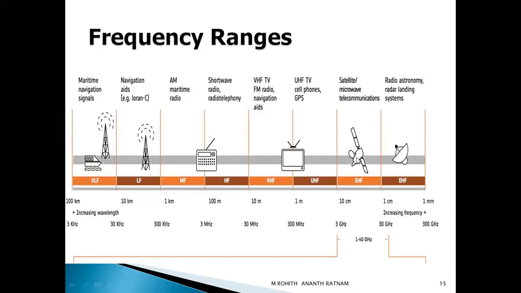The last but one, after ultra high frequency, around the ultra high frequency, you can see 3 gigahertz. Around 3 gigahertz, about 1 to 40 gigahertz frequency range will be used for satellite communication, right?